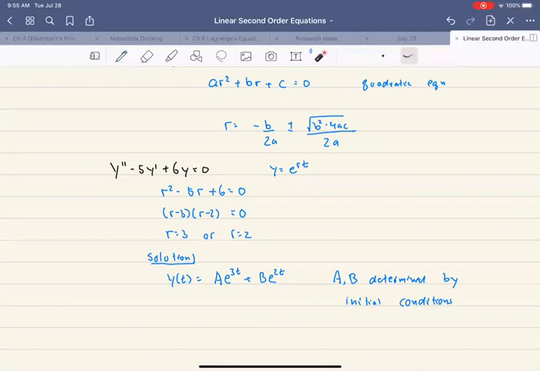So you have two unknowns, so you need two initial conditions, which makes sense because your differential equation is second order. If your differential equation is second order, you're going to need two initial conditions.